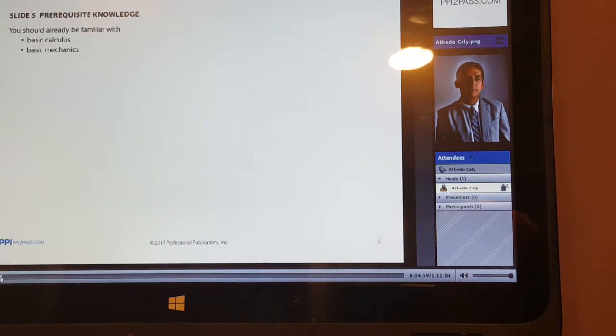And that can be seen as perhaps if you work in one part of the civil engineering industry that only deals with geotechnical engineering, you may be strong in geotechnical engineering, but you may require additional review of perhaps transportation topics, perhaps structural topics, and so forth. Now, having said that, there's some core prerequisite knowledge that you should have before we get into this full geometrics lesson. You should be already familiar with basic calculus principles and basic mechanics principles.